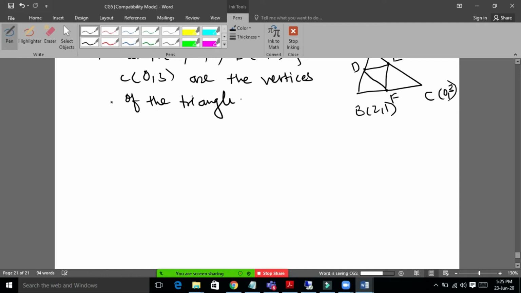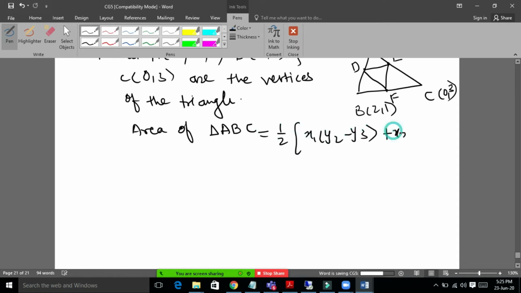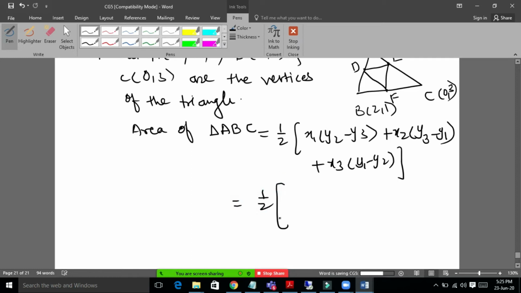Now we have to find out the coordinates of D. Just we first find out the area of triangle ABC, because we know the coordinates of the three vertices. So half into x1(y2 - y3) + x2(y3 - y1) + x3(y1 - y2).